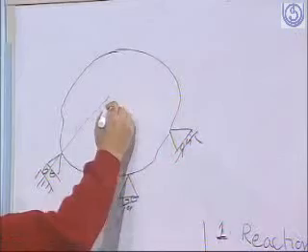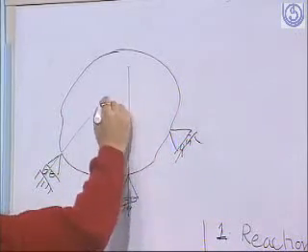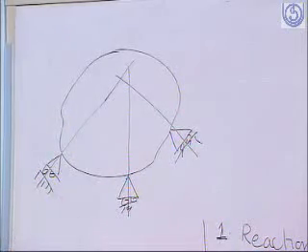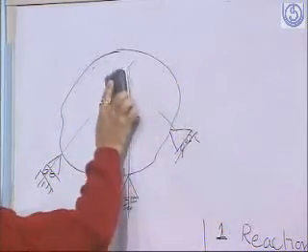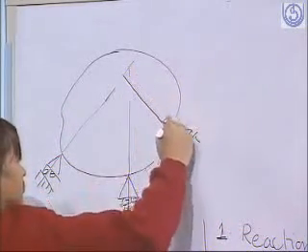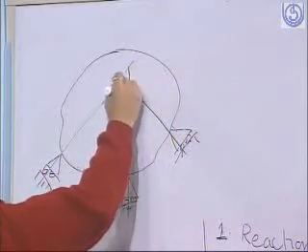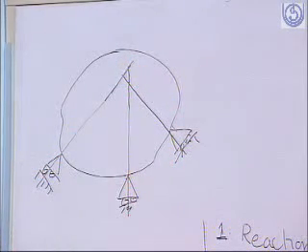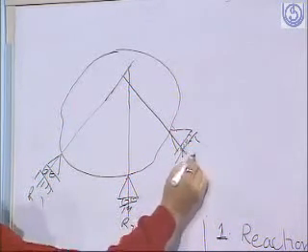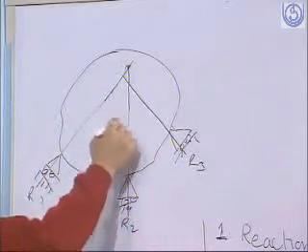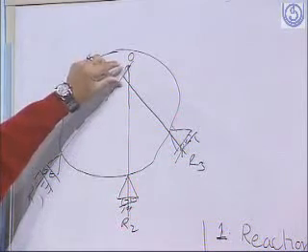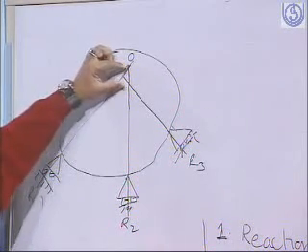Because if you take reactions of these three, as you can see that all these three reactions R1, R2 and R3, they are not meeting at a particular point O, but they are in a small vicinity, at this vicinity.